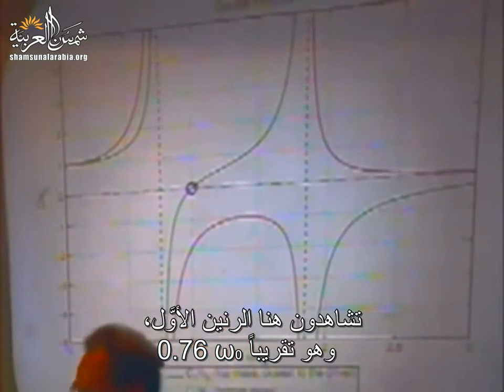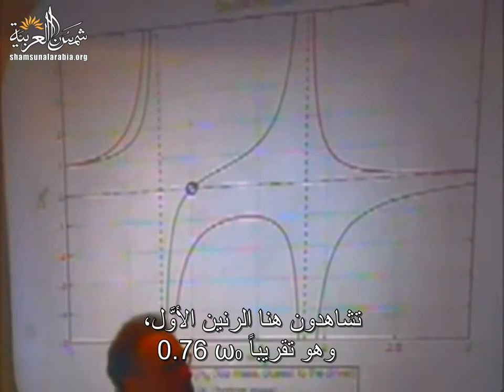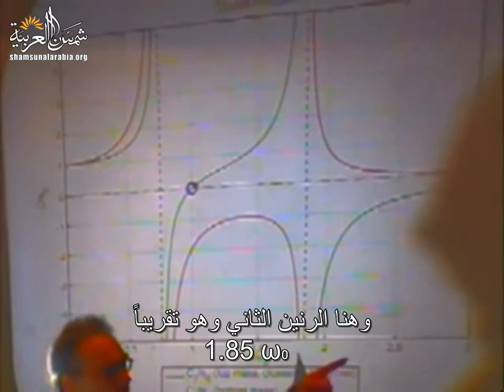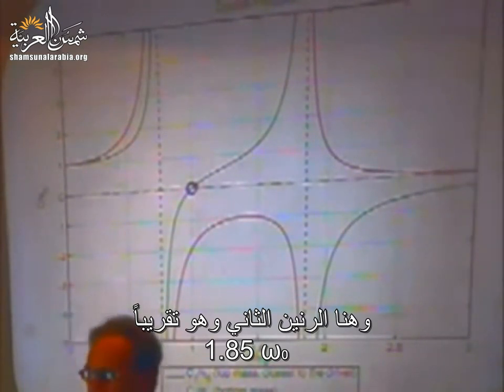This is the first one, which is the double pendulum. What is plotted here horizontally is omega divided by omega 0. So that's the omega 0 that we mentioned there. And so you see the first resonance here is about at 0.76 omega 0, and the second resonance here is at that 1.85 omega 0.